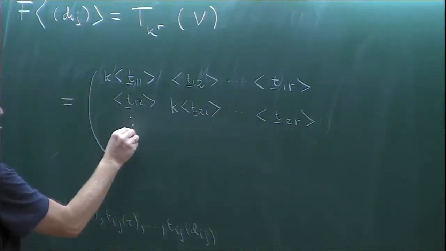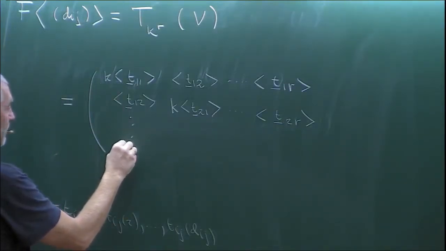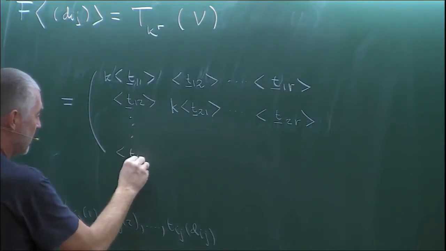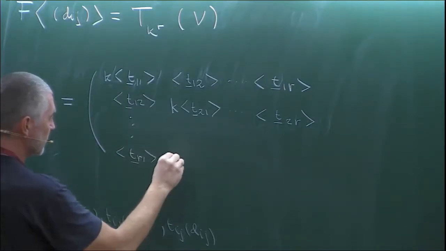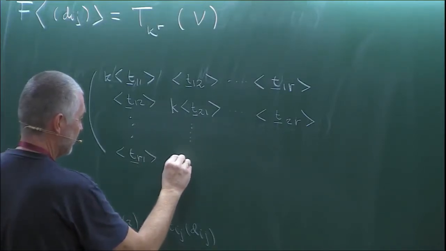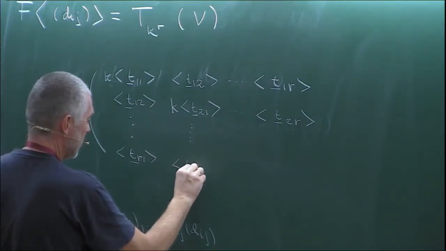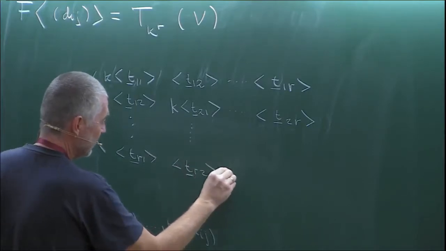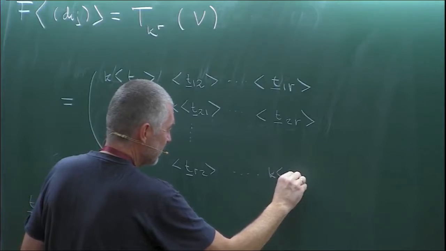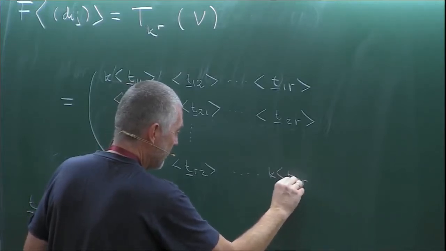And of course, continuing this way, I end up with Tr1 bar, I have Tr2 bar, and I end with k, Tr bar.